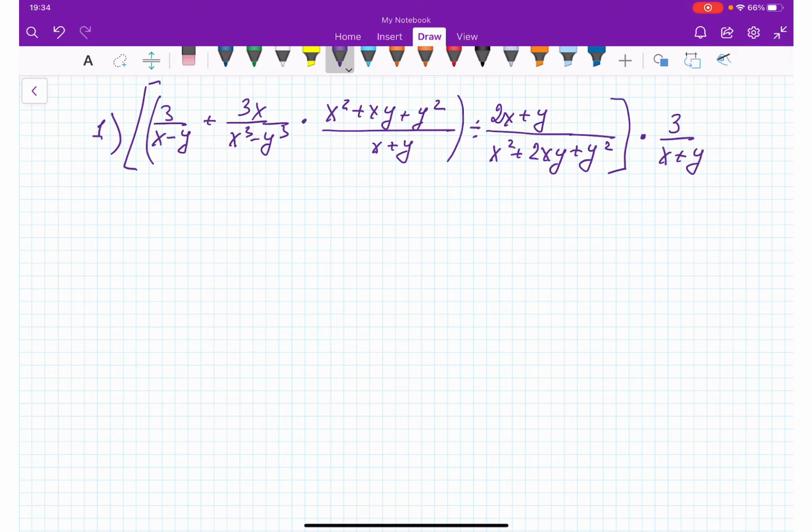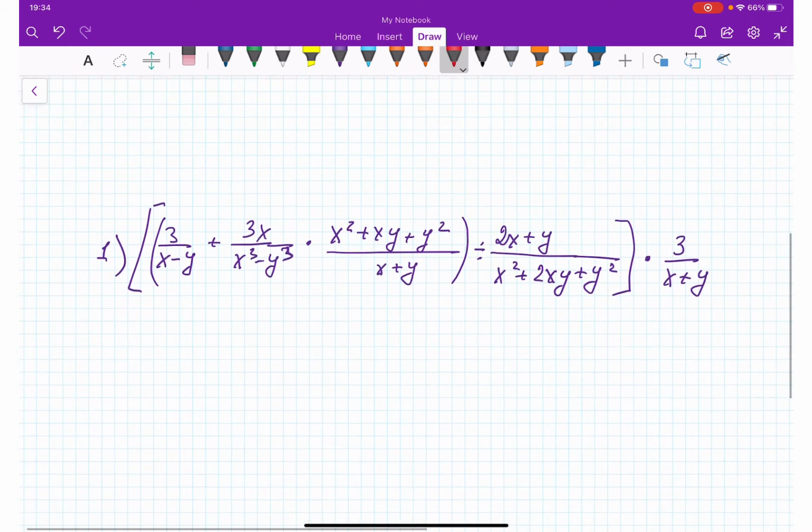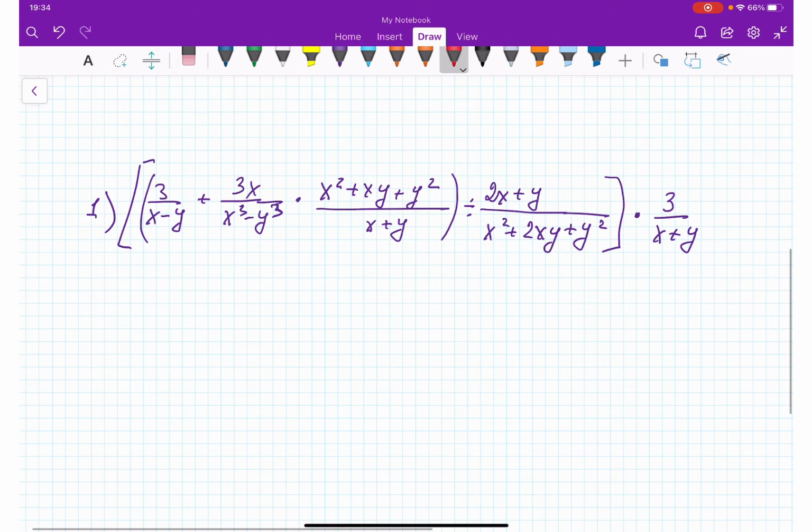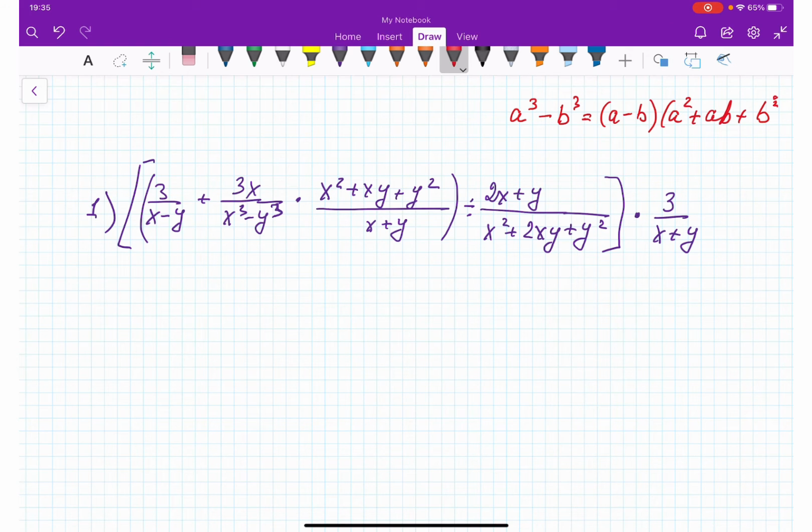Okay, first of all, I want to write down and remind you the formula: a cubed minus b cubed is equal to a minus b times a squared plus ab plus b squared.